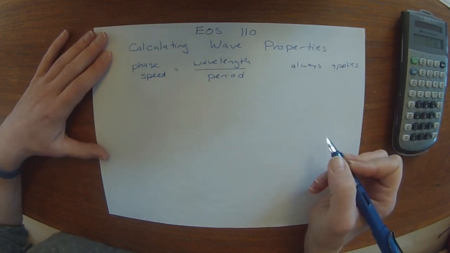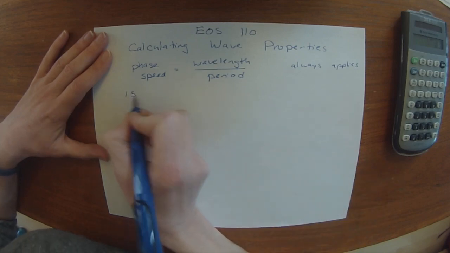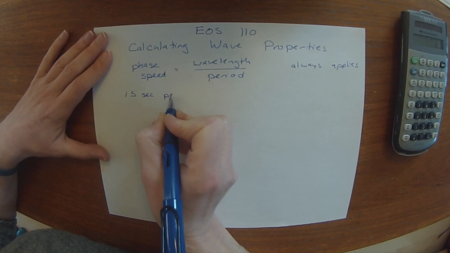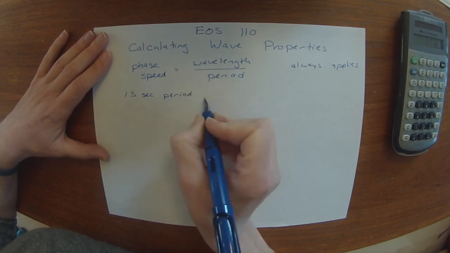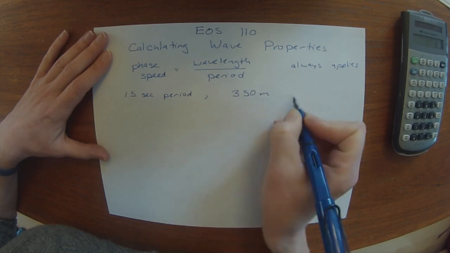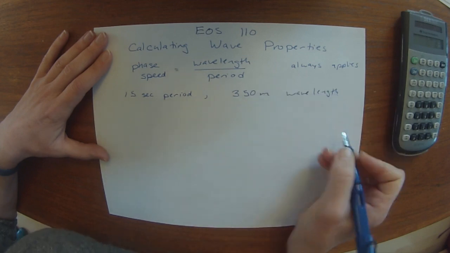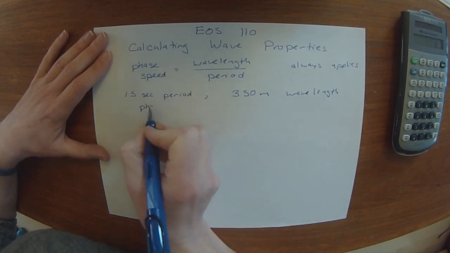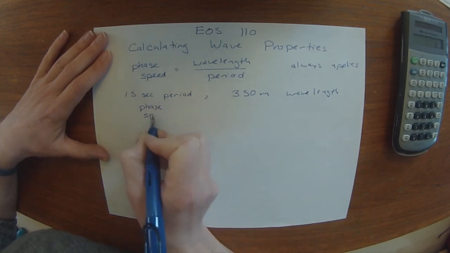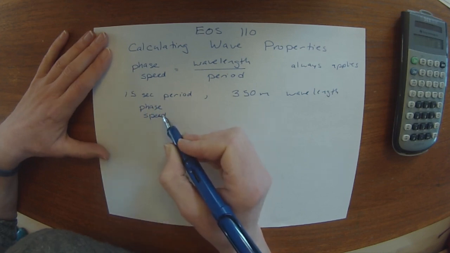Okay, so let's do some examples of this. Let's say we have a 15-second period wave, and that it has a 350 meter wavelength. Then its phase speed, and we call it the phase speed because it's the speed of an individual wave.